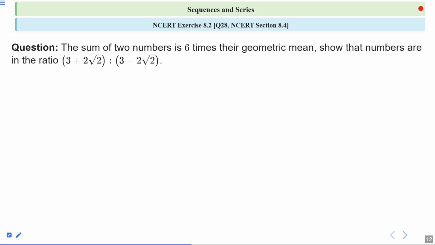So students, first of all try it yourself and then see the solution.